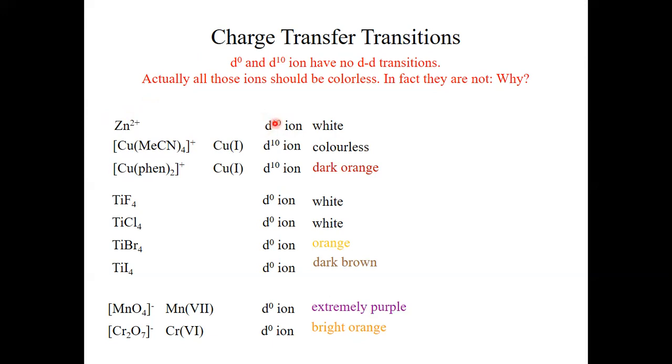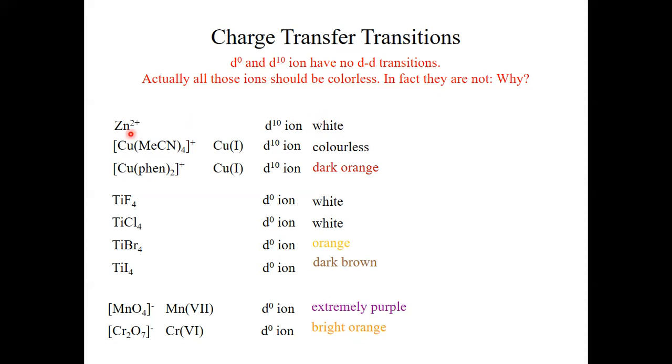In a d10 ion, all the d orbitals are full, therefore you shouldn't have any dd transitions. So any zinc 2+ salt should actually be white. And that is in accordance with observation.